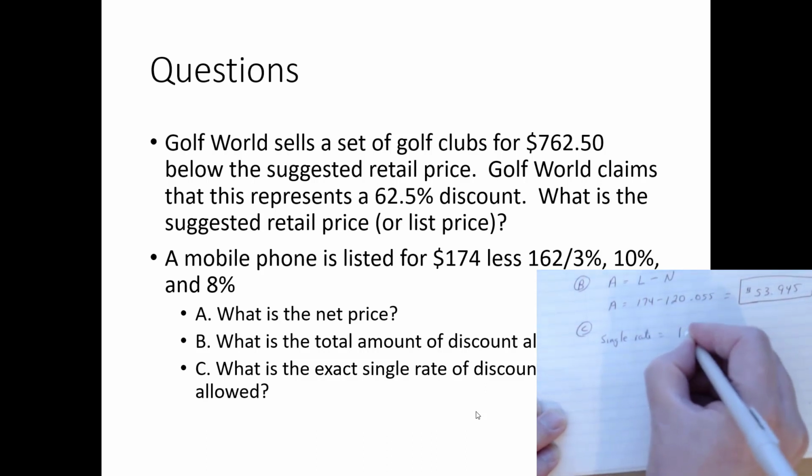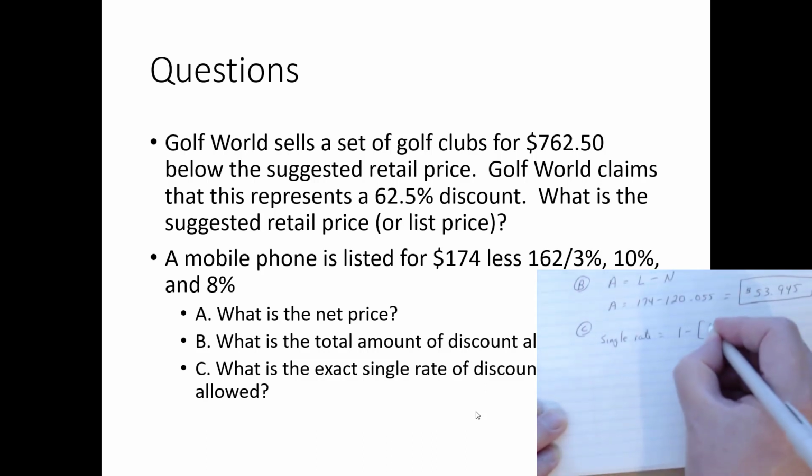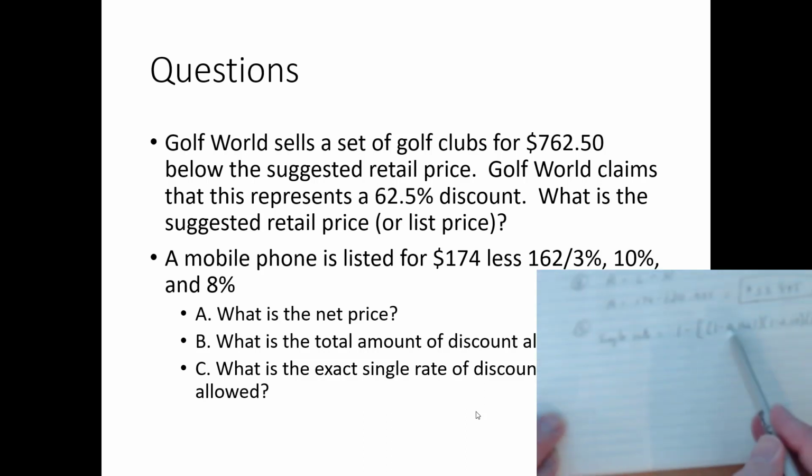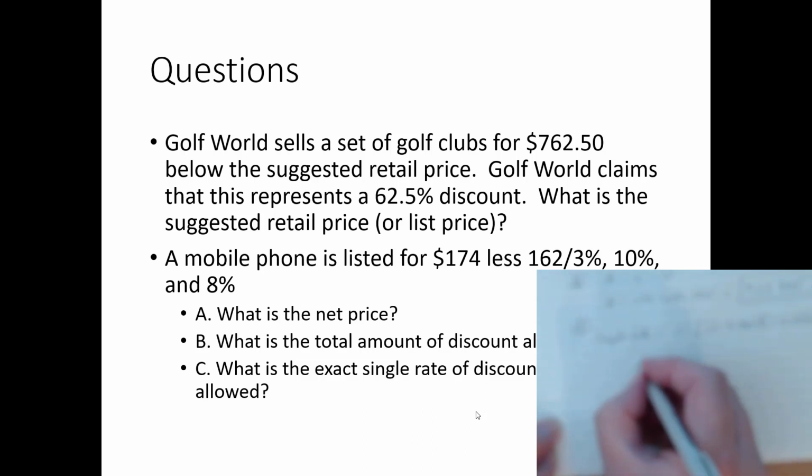So what's that single rate? Equals 1 minus, and then I got the big square brackets, 1 minus the first discount in round brackets, 1 minus the second discount in round brackets, 1 minus the third discount in round brackets, and then seal it all up with a square bracket. Okay, so again, BEDMAS, do the stuff in the round brackets first, multiply them all together within the big brackets, and then subtract it from 1.